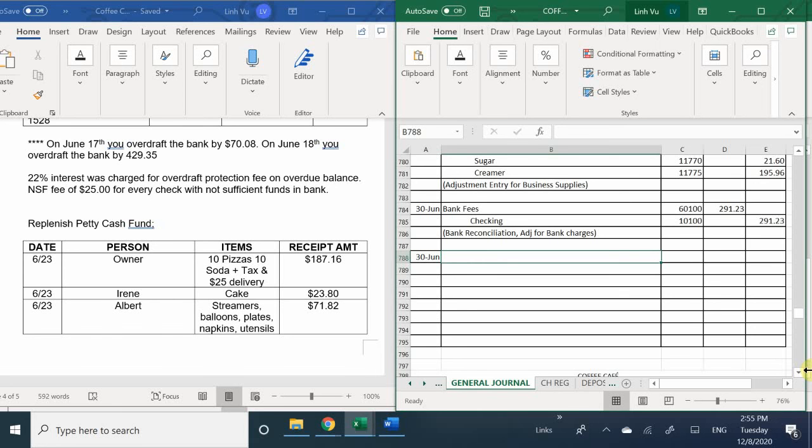I don't need you to separate it, like, I bought a cake expense. No. Right? So the business expense account, where'd it go? The 60200. And then the checking.